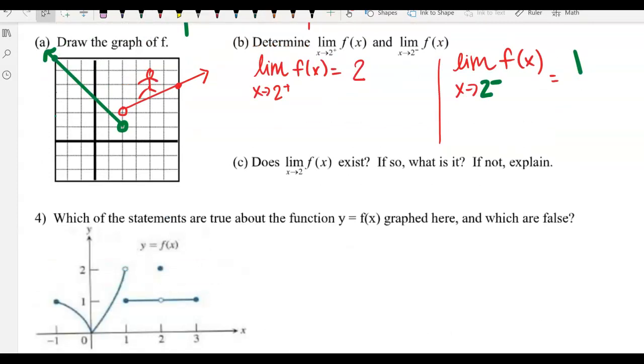Okay. Does the limit exist as x approaches 2? So Kiara, what is your answer? For the two-sided limit, there's not a plus or minus, right, guys? No, because it does not touch 0.